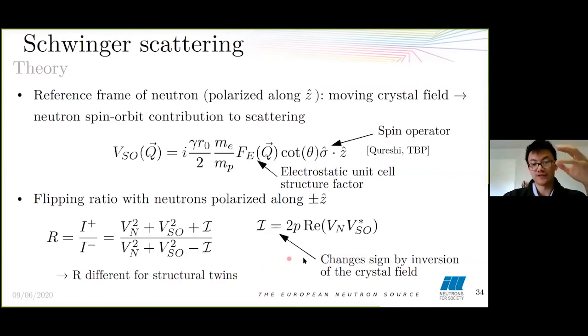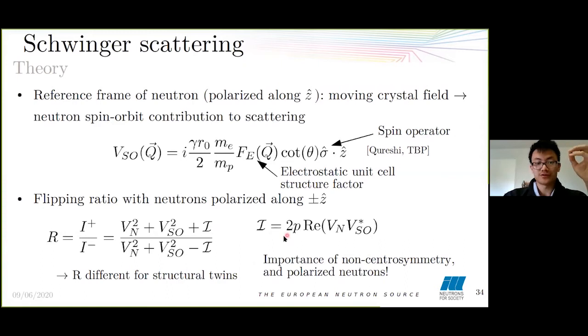So if you have an inversion twin, the ratio here will be inverted. One very important thing is that you can only measure that in the case of a non-centrosymmetric crystal, because the electric field will be equal to 0 in the opposite case. And you also need polarized neutrons, else you won't have these terms and you will always measure a flipping ratio of 1.